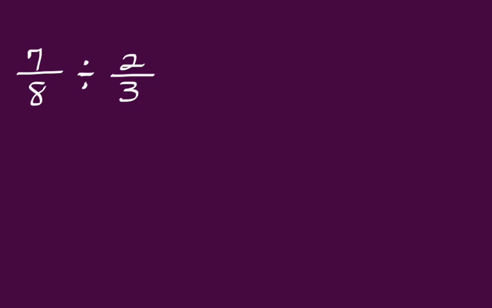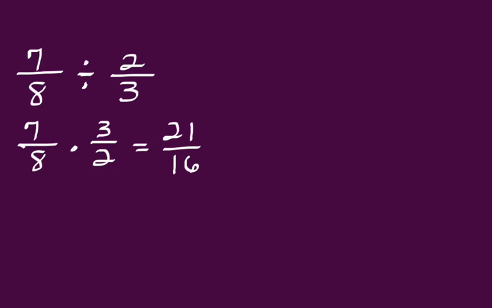So the best alternative here is to flip it and multiply, and you get the same exact answer as if you were to divide. So this would equal 21 over 16. I say all that because it's important that you understand why.